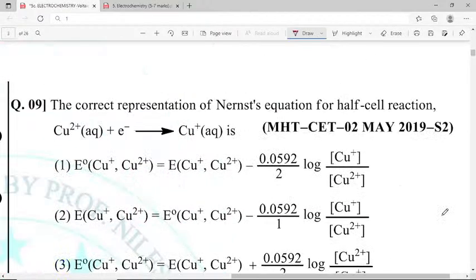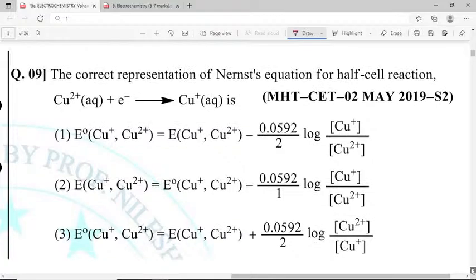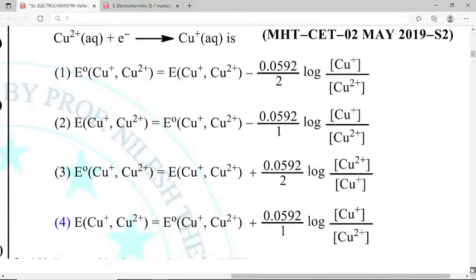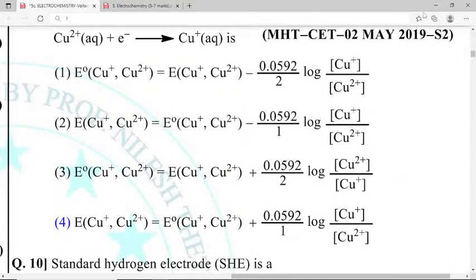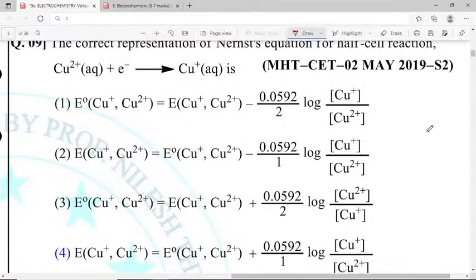The correct representation of the Nernst equation for a half cell reaction. Copper 2+ and copper 1+.